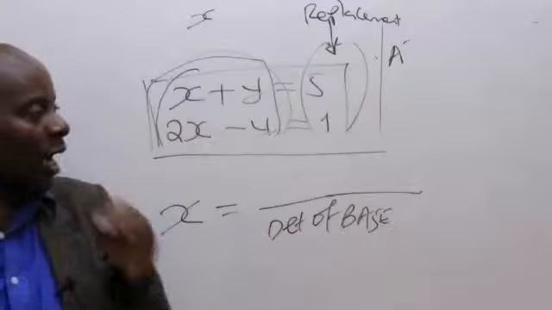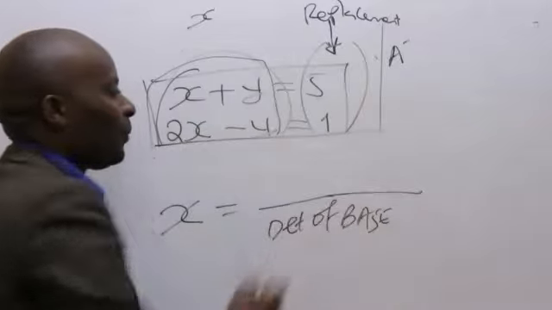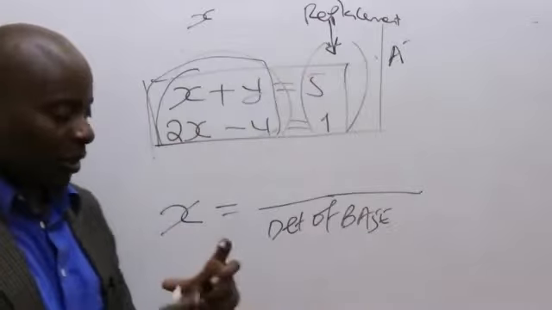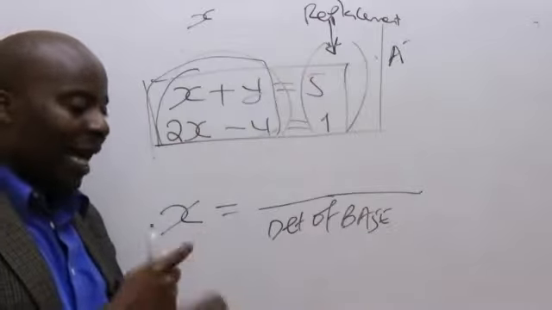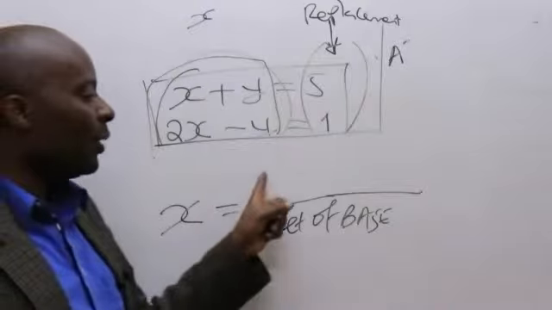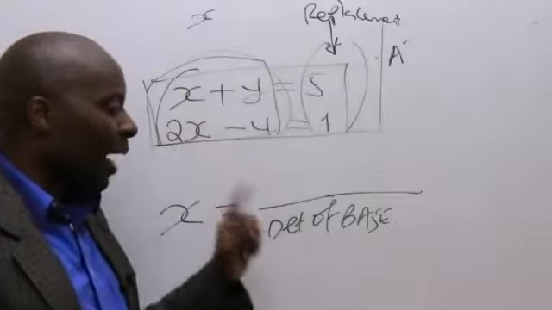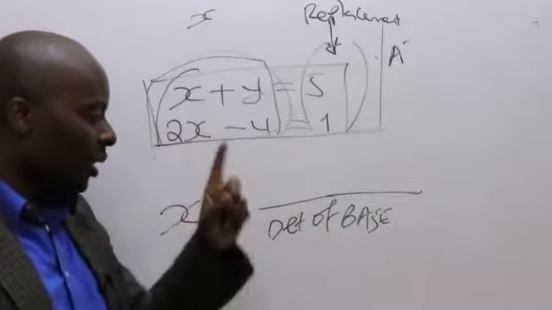If you went to a good high school, you must have encountered this Cramer's concept. So remember, Cramer's is basically a determinant model. So what I'm going to do is to have the numerator matrix determinant divided by the determinant of the base.